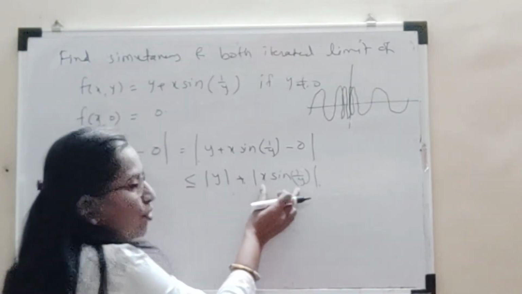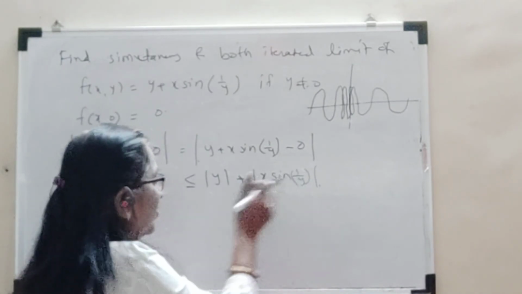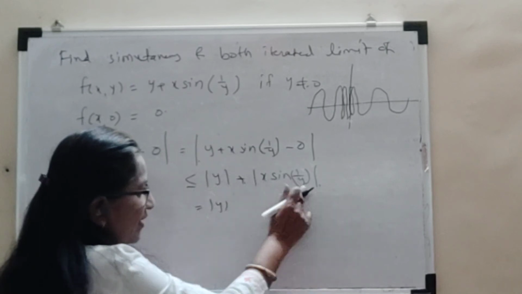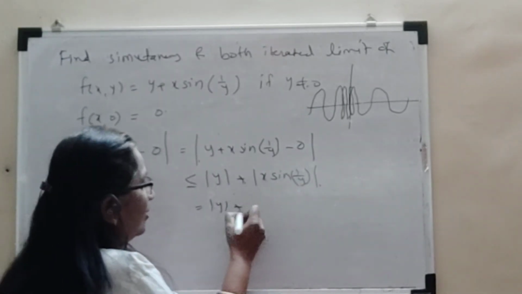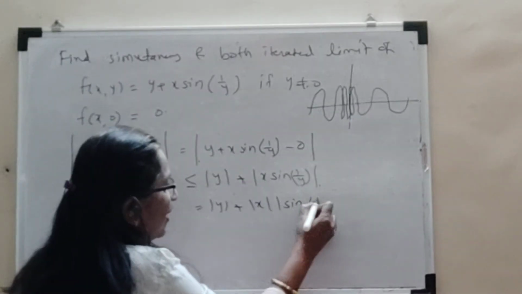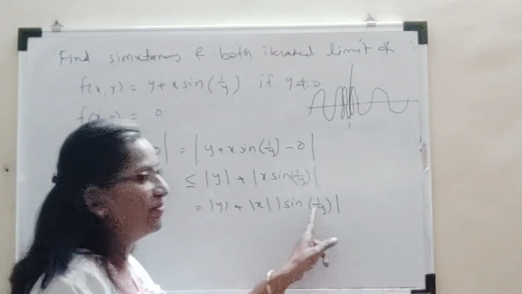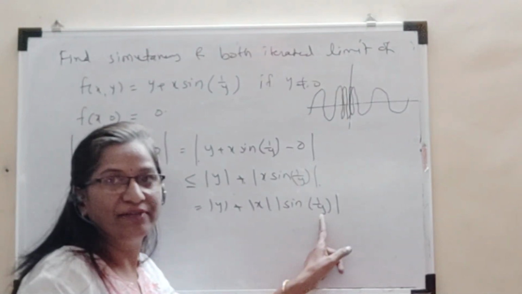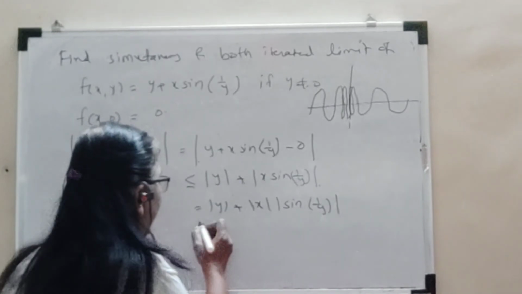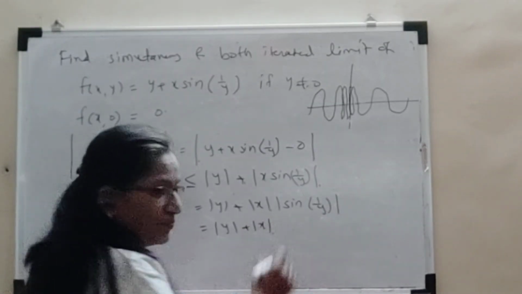Here mod of AB is equal to mod A into mod B. So the previous step is equal to mod y plus mod x into mod of sine of 1 by y, and we know that for any x, the mod of sine x is always less than or equal to 1. So this term is less than or equal to 1, and we get mod y plus mod x.